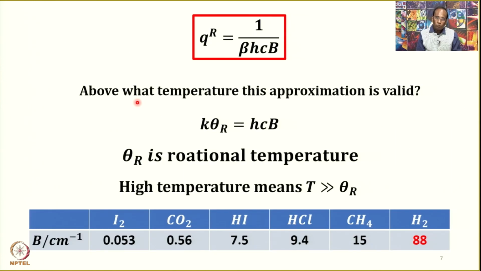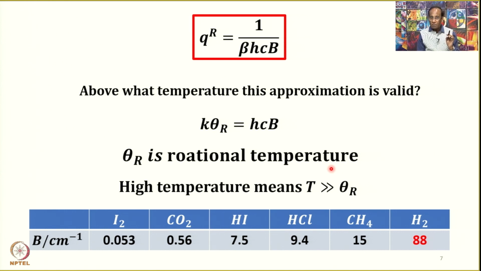In order to describe that temperature, let us use this expression: k theta_R is equal to hcB, where theta_R is the rotational temperature, because this will eventually allow you to make a comparison with hc upon kT. So the theta_R in this expression is the rotational temperature, or it is also sometimes called the characteristic rotational temperature.